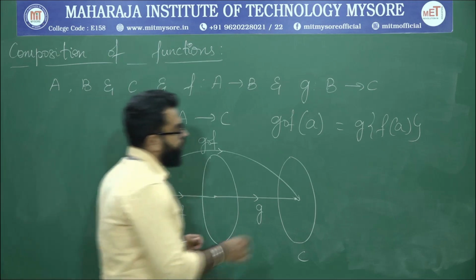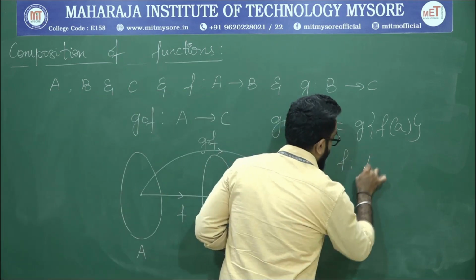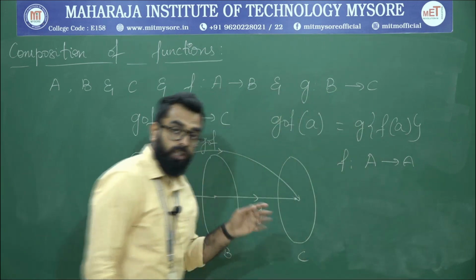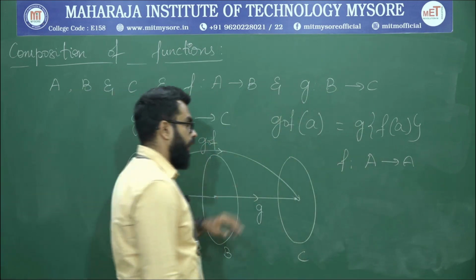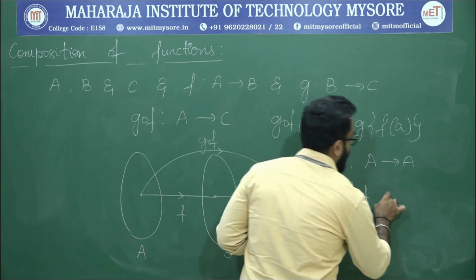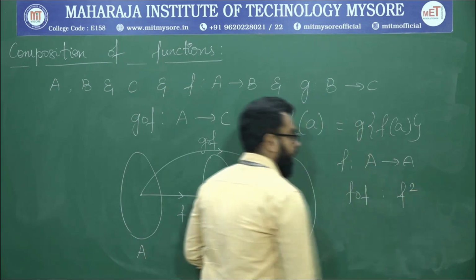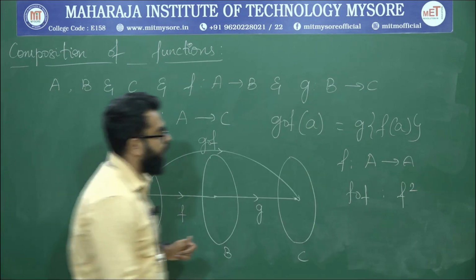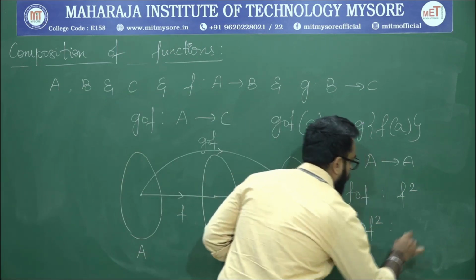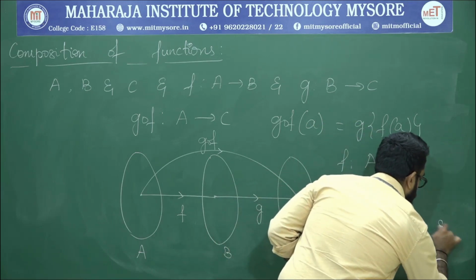For a function f defined from A to A, on the same set A, f∘f is given by f squared, and f∘f squared is given by f cubed, and so on.